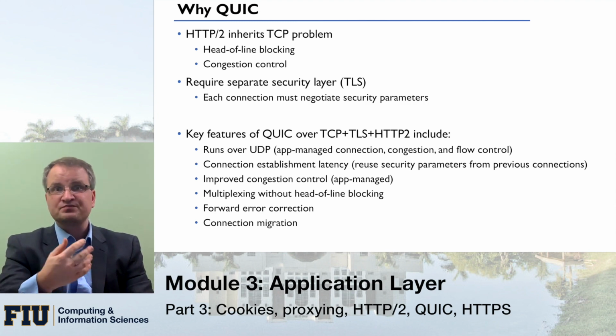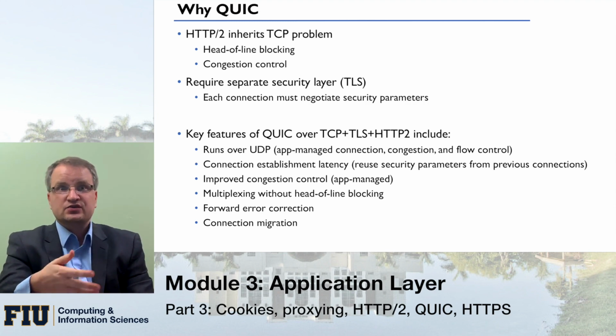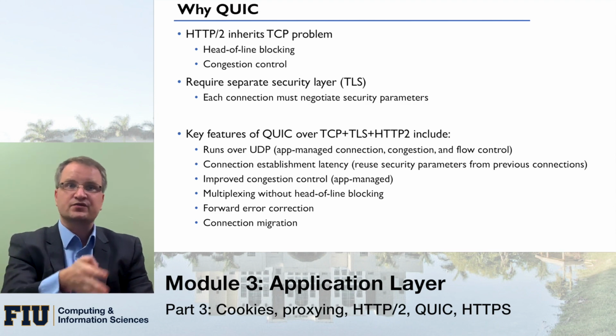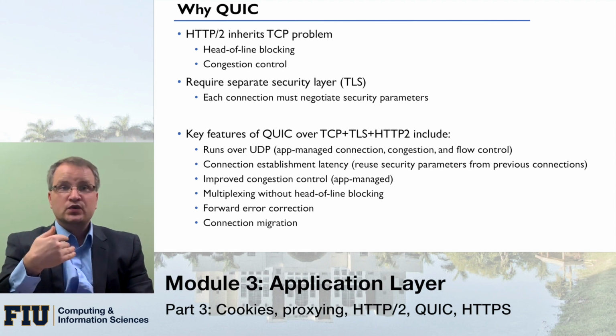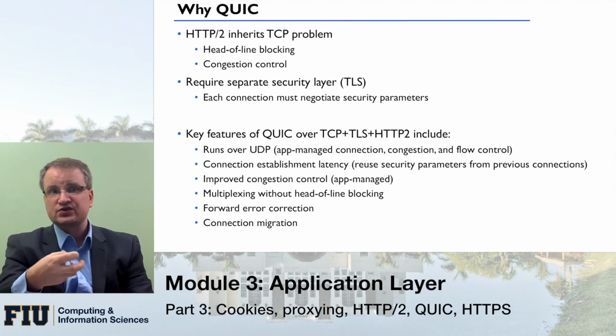So it's basically almost impossible to do that. And just as a side note, all operating systems actually use different congestion control algorithms. Linux is different from Mac, is different from Windows, different from FreeBSD, for example. What QUIC is trying to do is use congestion control mechanisms at the application layer.